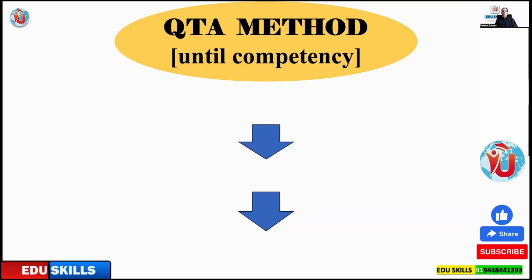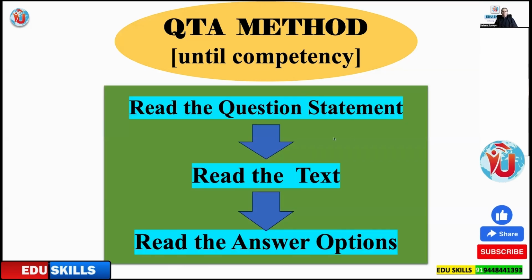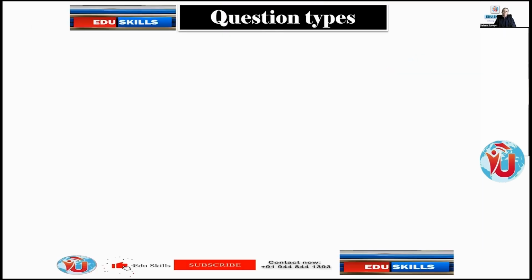Now here I say until competency, because once you gain the competency, at least 40% of the questions you can answer without even going to the text, which we'll see even today. So until you reach a level of competency, see that you read the question statement first, understand it, highlight the stem of the question statement, then read the text, then read the answer options. That is question, text, answer, QTA method.